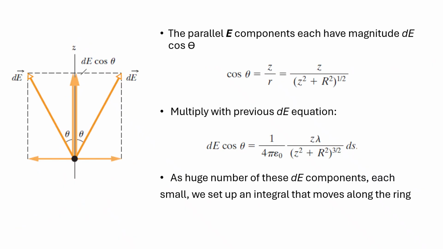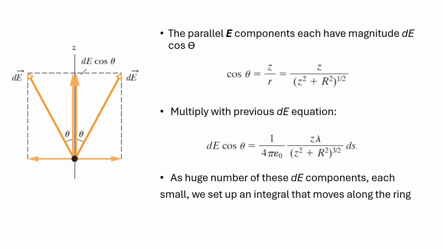The parallel components each have magnitude dE cos theta, because like you know, along this Z axis it forms the angle theta.